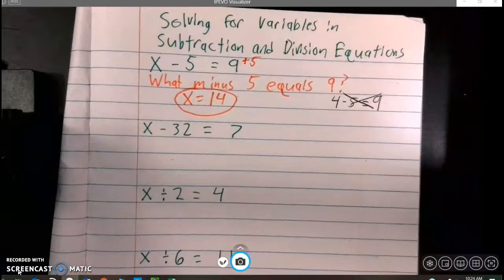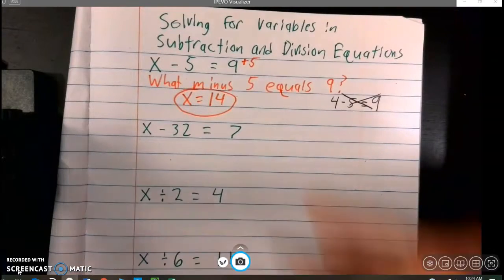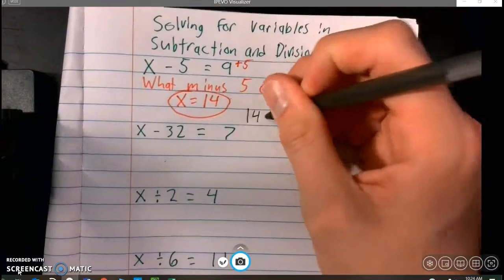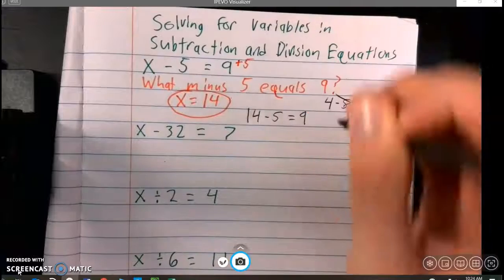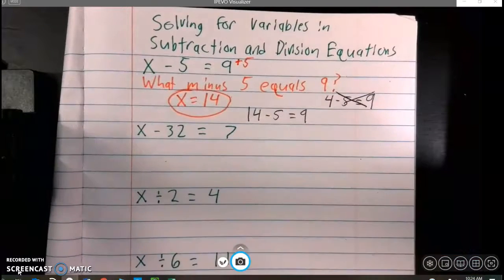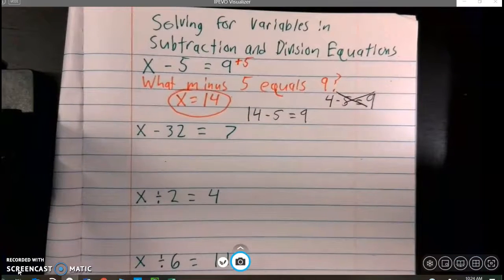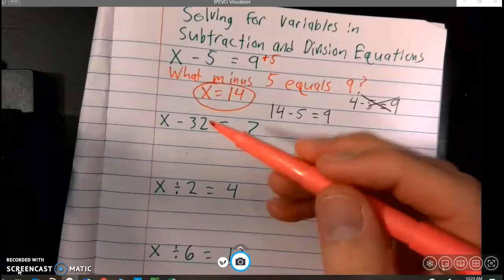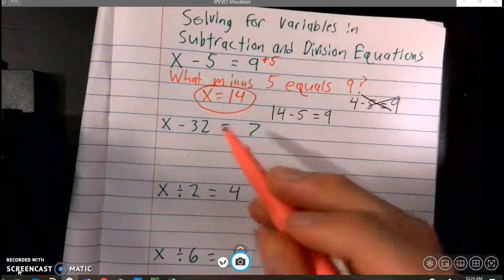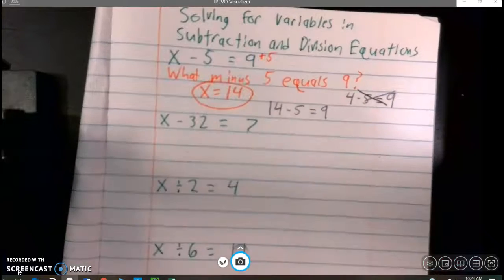Then if I substitute that back in, is 14 minus 5 equal to 9? Yes. At this time, why don't you pause this video and try to complete this problem on your own?